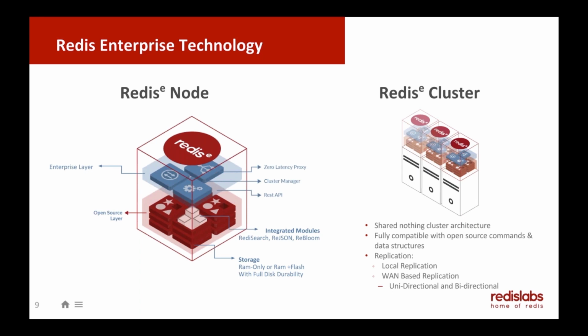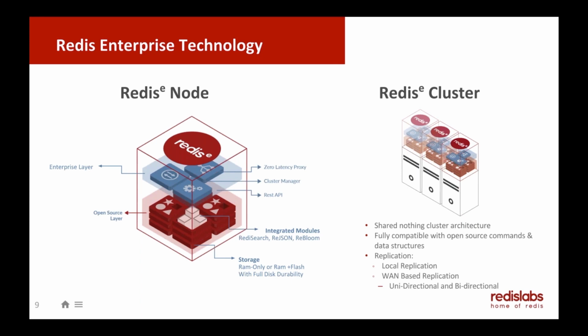The Redis engines that we run inside Redis Enterprise are also enhanced in the way they store data, so they can take advantage of both RAM and flash storage as opposed to just RAM. They're also extended with module capabilities such as Redis Search or RedisJSON that provide native indexing or native JSON processing within the engine. The Redis Enterprise cluster is formed of identical nodes.